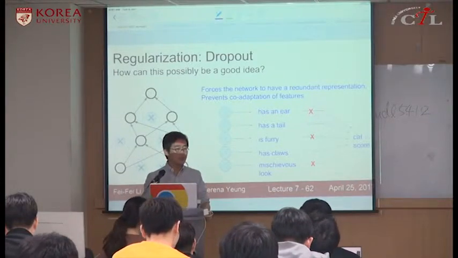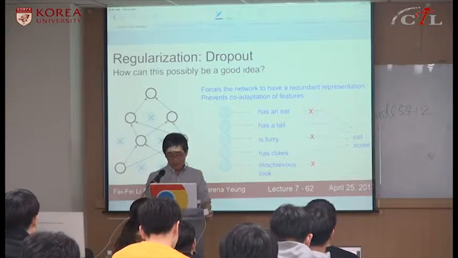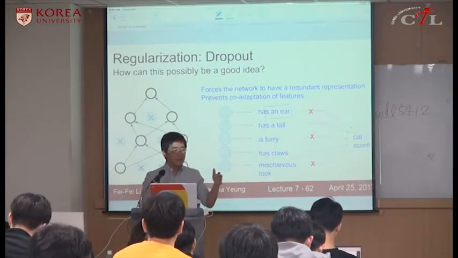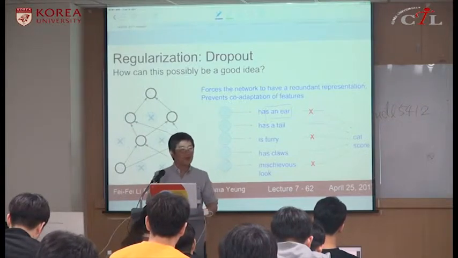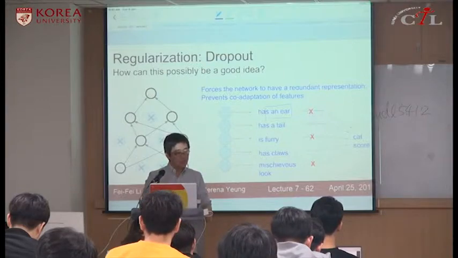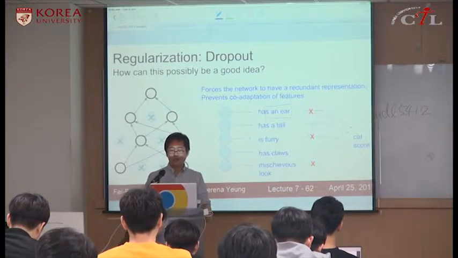So suppose in our training data, every cat image has the ear, for example. This cat will have a lot of other characteristics or features that distinguish a cat from other objects, right?